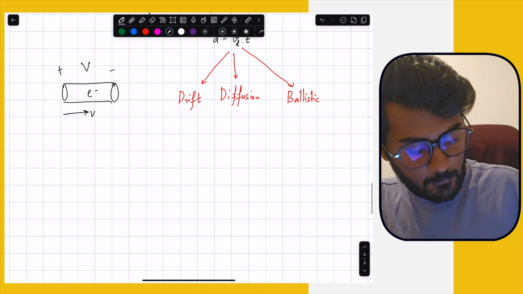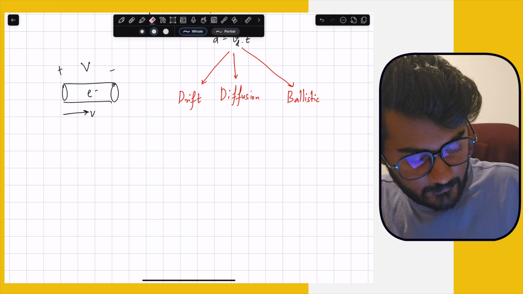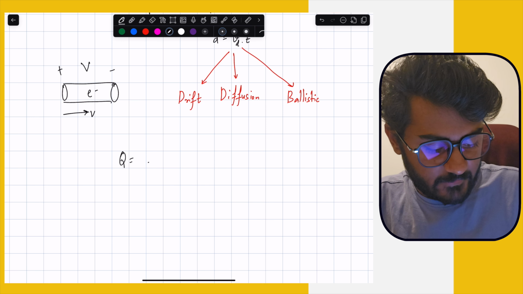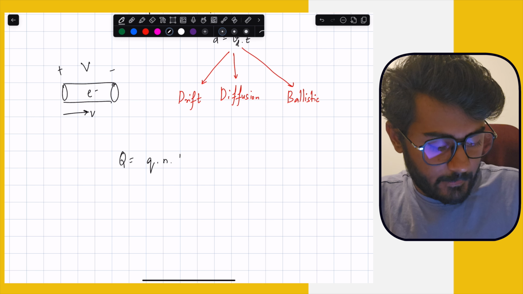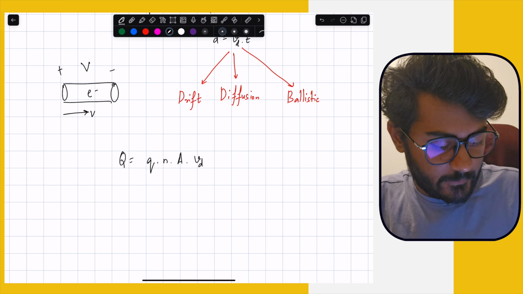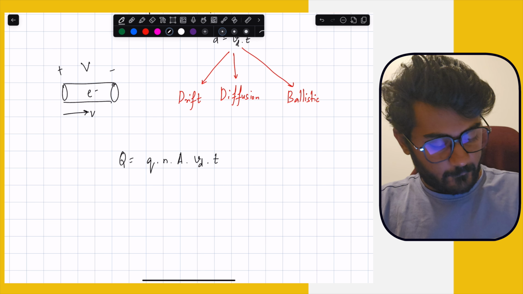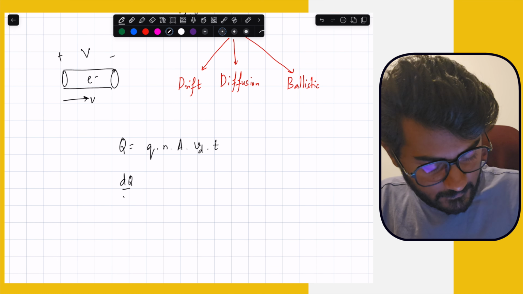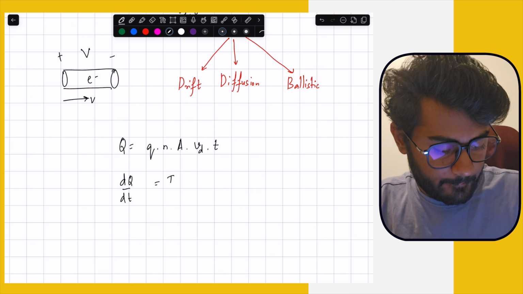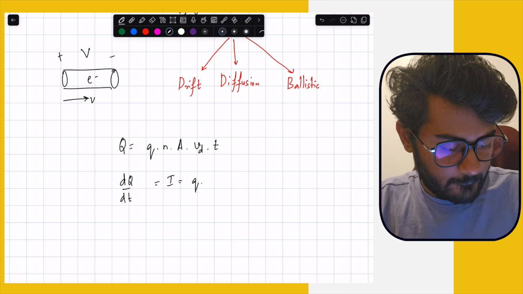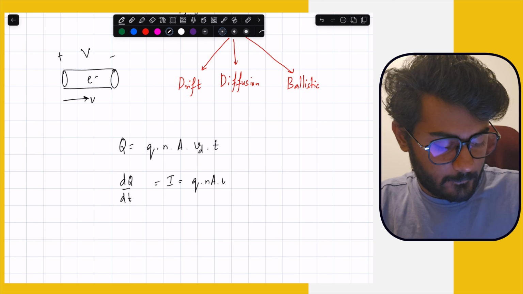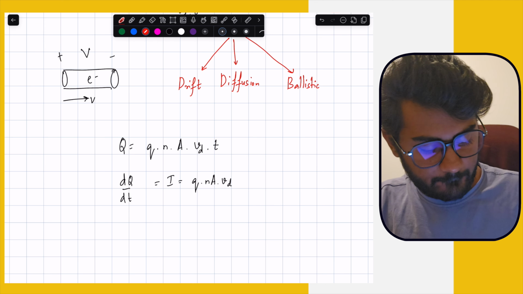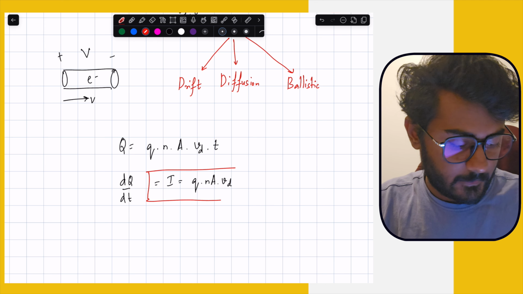Now finally, plugging all those things into the equation of charge, we get charge equal to Q n A Vd into t. Finding the rate of change of charge, which is nothing but the current, we get I = Q n A Vd. So this is the final expression of the current.